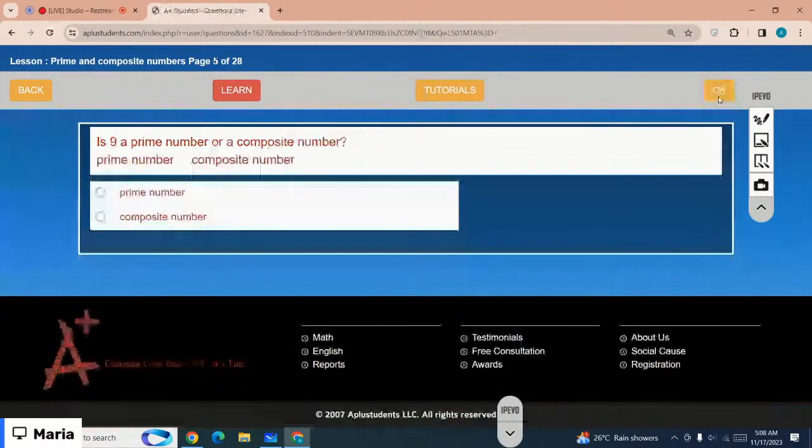Okay. Is 9 a prime number or a composite number? Which is the correct option?